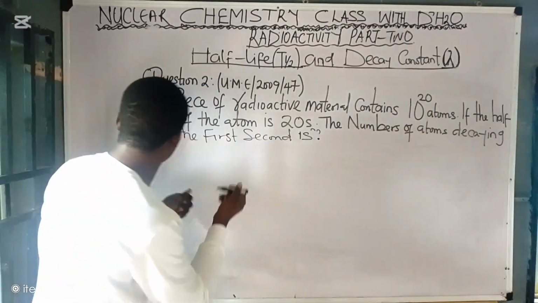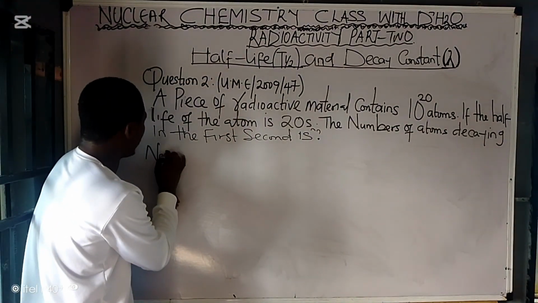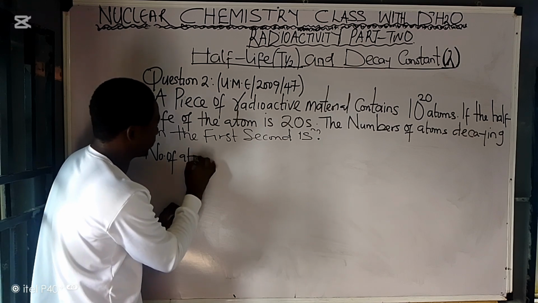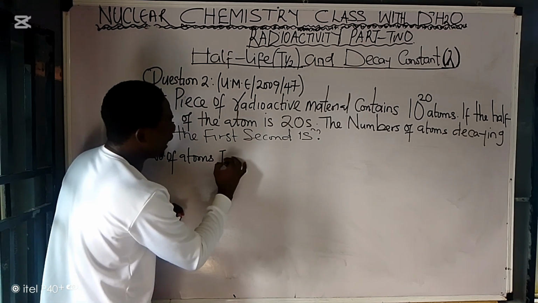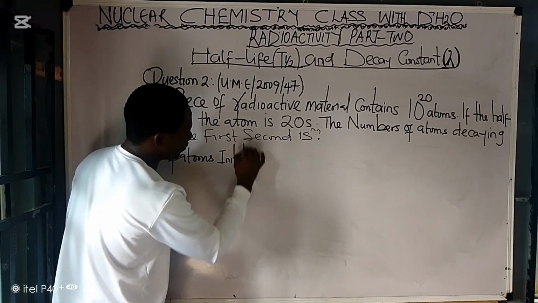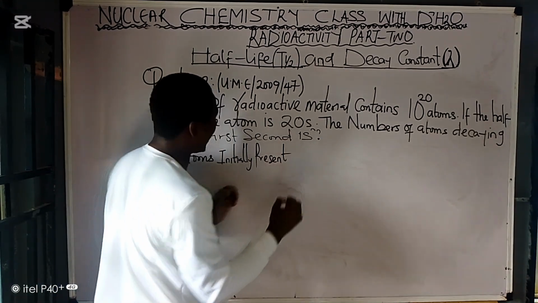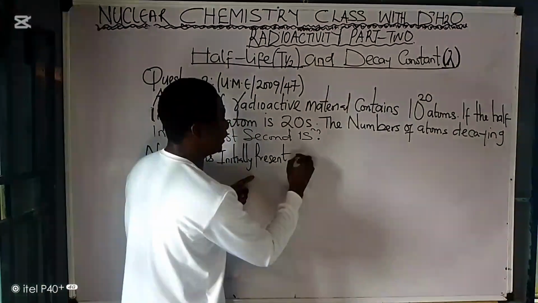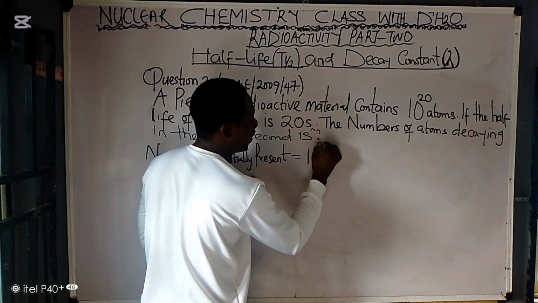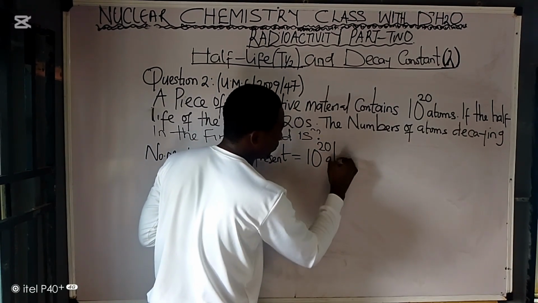The quantity of atoms that was present initially is this one. So we can say number of atoms initially present is equal to 10 raised to the power of 20 atoms.